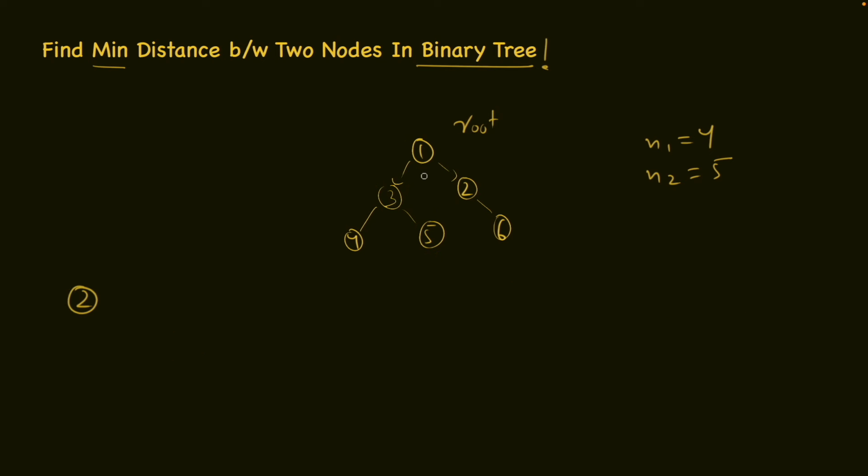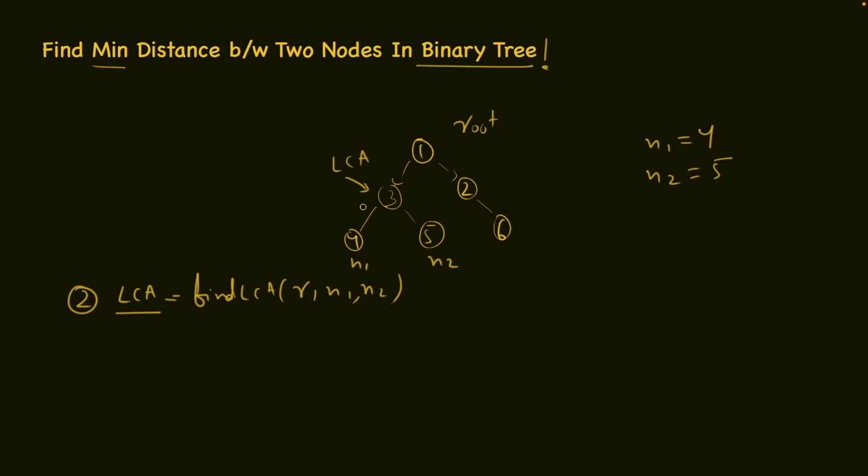So the second way is to find this LCA. You know this is LCA, right? Least common ancestor. So apply the algorithm to find LCA. You will be given root, n1 and n2. Okay, so you have your LCA, which is this 3. Now use this LCA to find the level to n1 and n2.